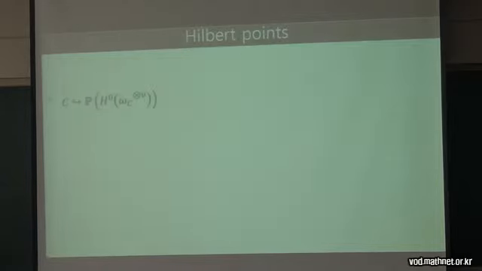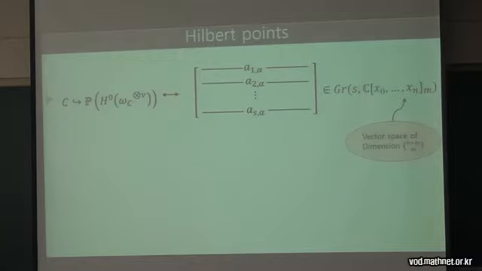So Hilbert points: if I use this pluricanonical embedding, then I get this matrix, which you can think of as a point in the Grassmannian.